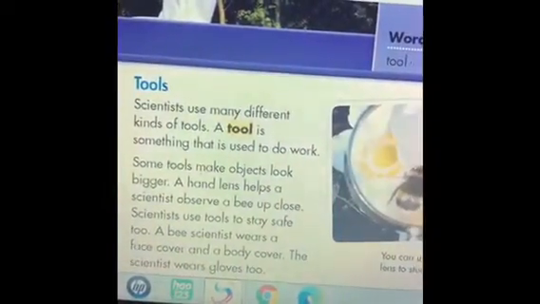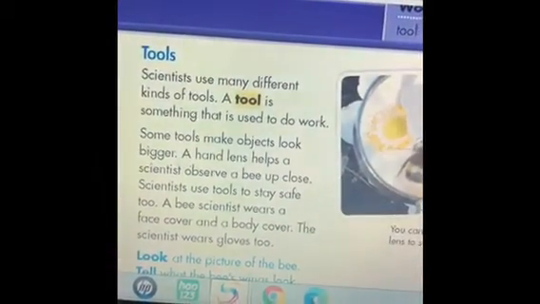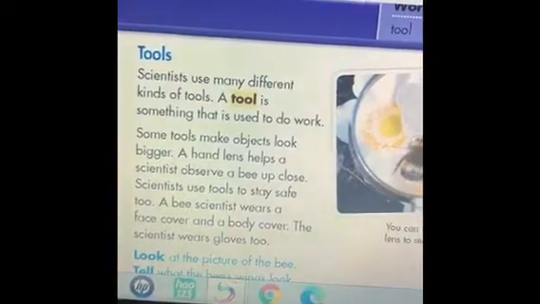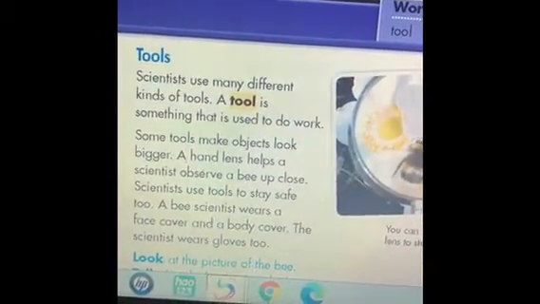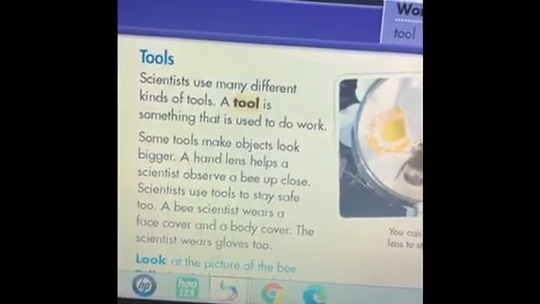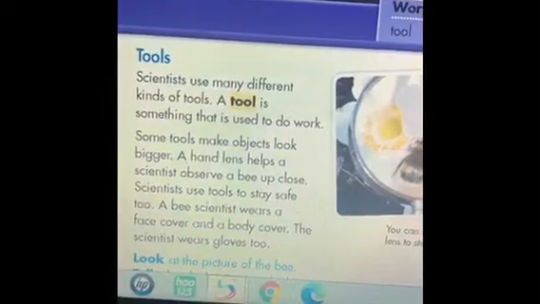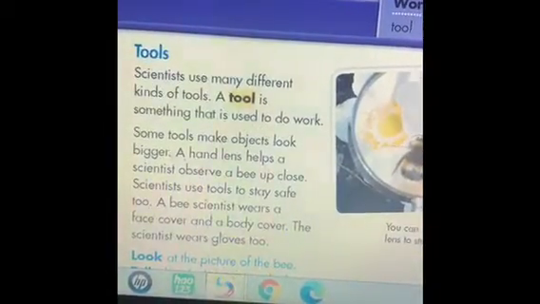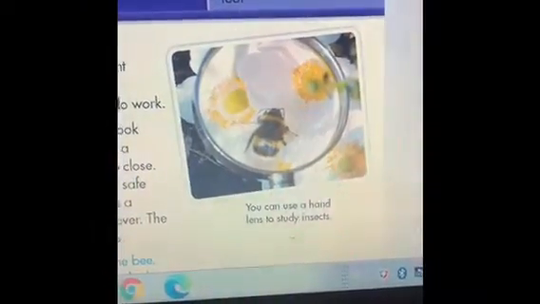So scientists use many different kinds of tools to do their work, because tools make their work easier. And a tool is something that is used to do work. Some tools make objects look bigger, just like the hand lens.